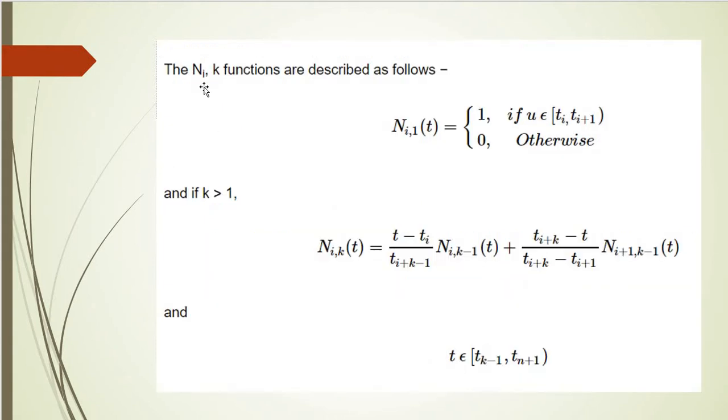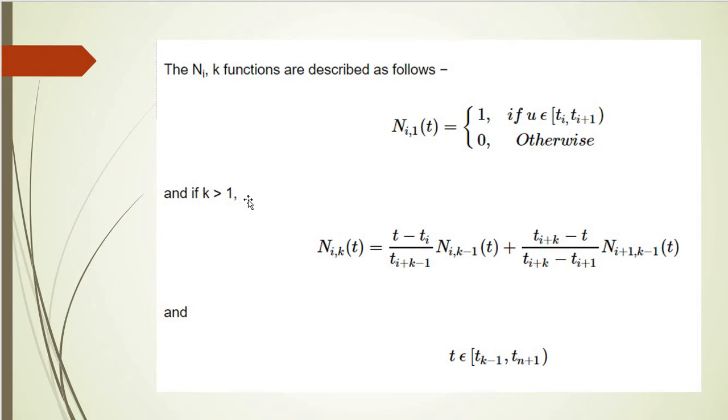Now we will see how we are going to represent a blending function of B-spline curve. First we will see k equals 1 only. So Ni1 of t is piecewise. The value will be 1 if t belongs to [ti, ti+1), otherwise it will be 0.